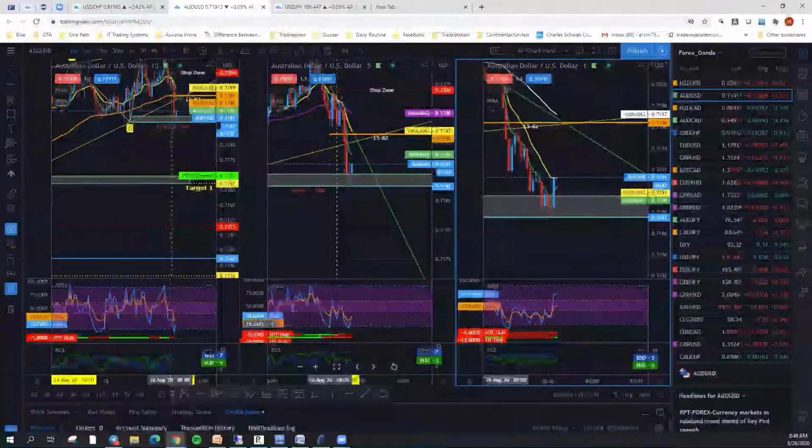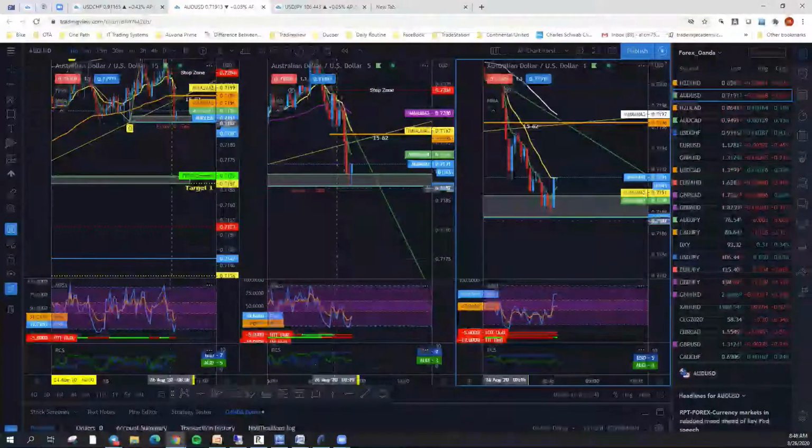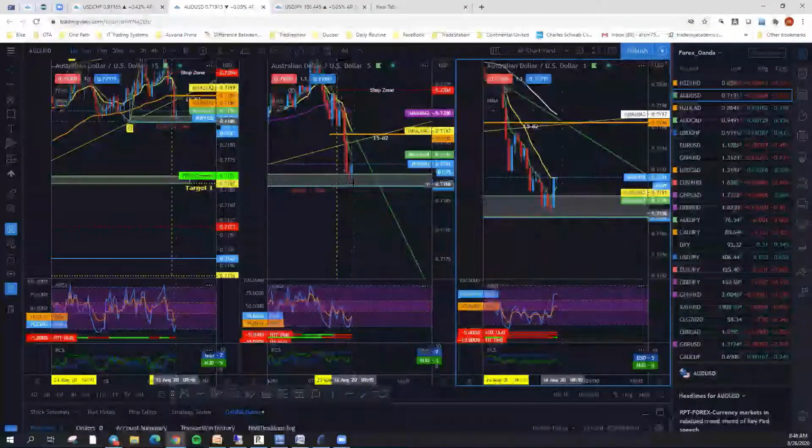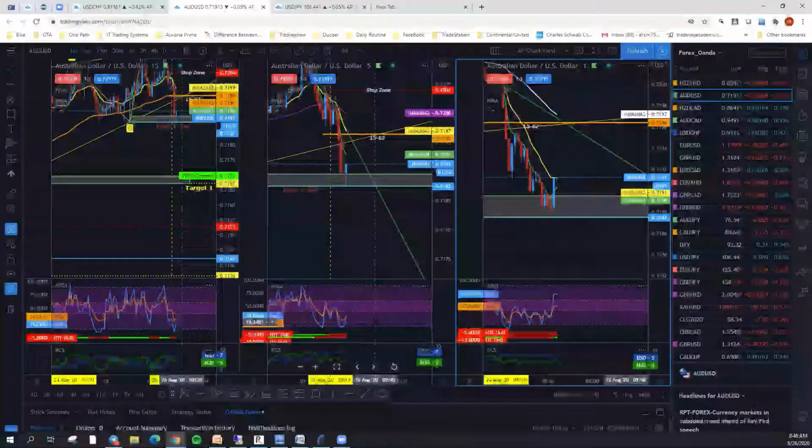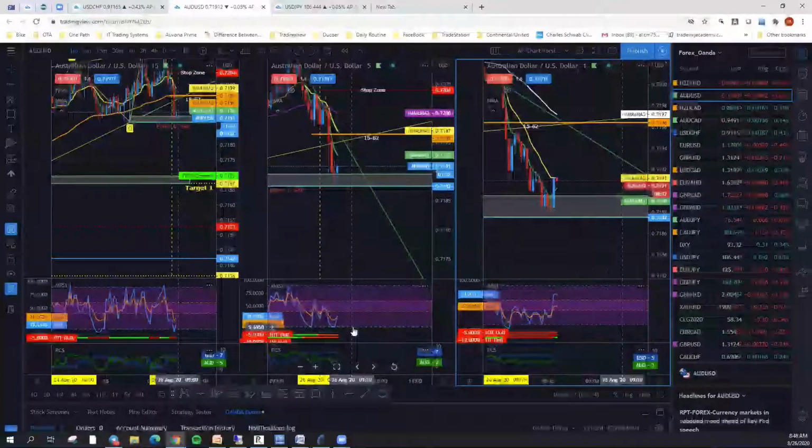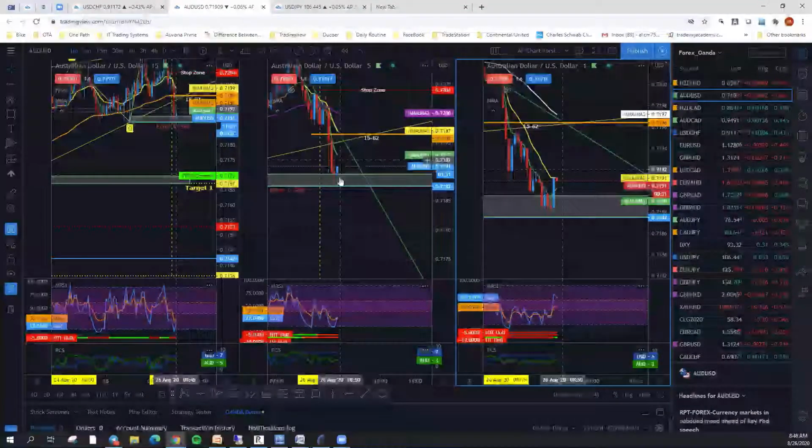Now both of these came down, and you see there's actually a bit of divergence. You had a low here, a low here, and a lower low here. Right now these two humps, these blue 8 RSIs, are pretty much even with a lower low.